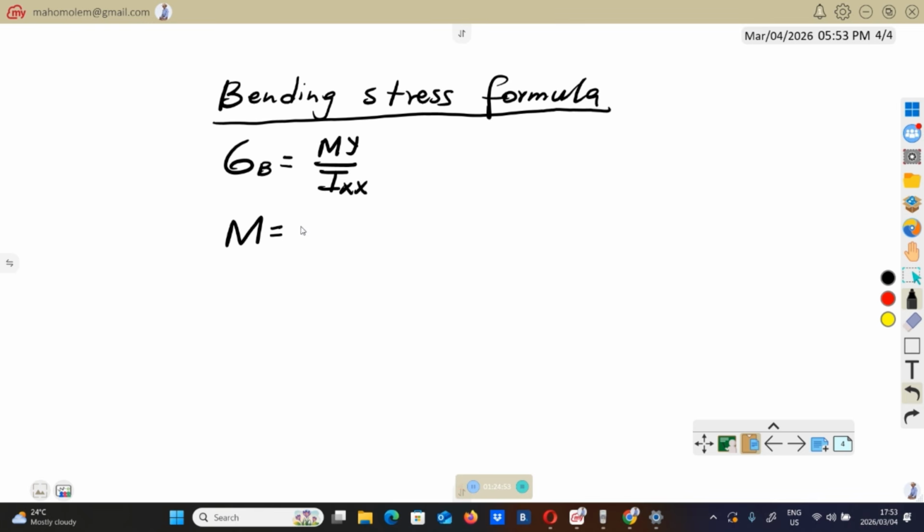So you make bending moment the subject of the formula here. You will have bending stress equals to Ixx over y. So bending stress, it's given, I think it's 65 to the power 6.